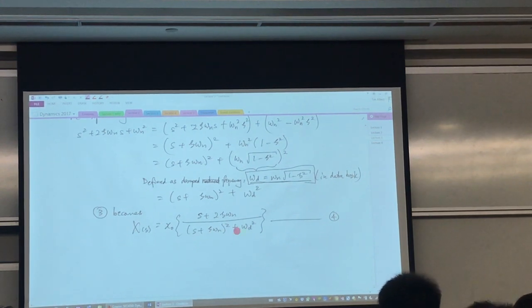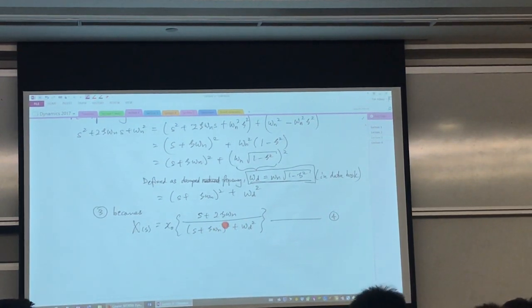I need to factorize this further because why am I doing all this? Because I'm trying to get to a form so that I can do inverse Laplace. So far, I still could not. If you look at your Laplace table, there isn't a form that looks like this, but close enough. So what I need to do further is to factorize it more.